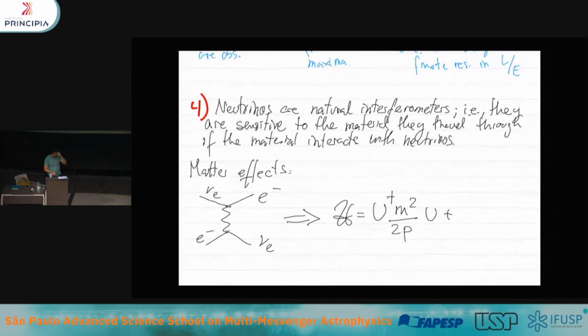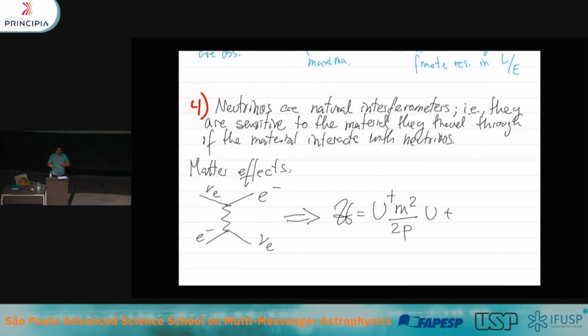Another important point, and I will emphasize this in some slides in a couple of minutes, is that neutrinos are natural interferometers. So what do I mean by that? I mean that neutrinos are actually sensitive to the contents or the matter that they are traversing.